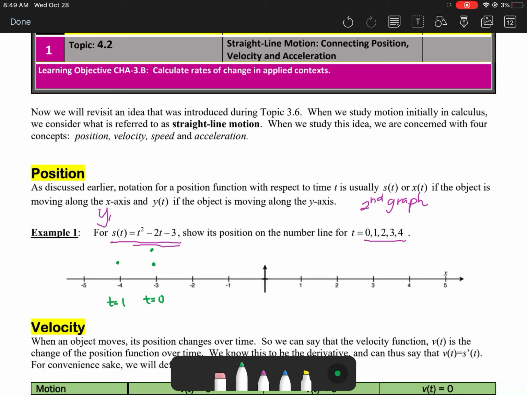When t is 2, we come back to -3. Okay, when it is 3, we get 0. And at 4, we get 5. So if you were looking at how this particle traveled, we went to the left, and then it goes right.